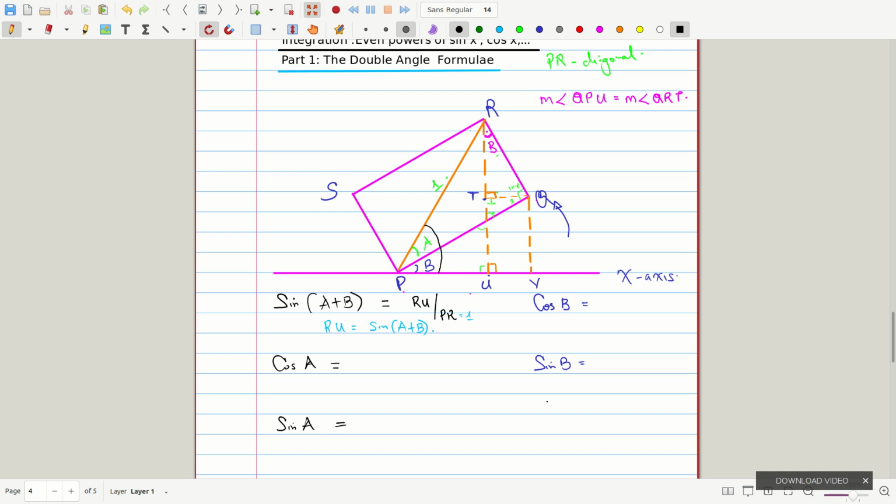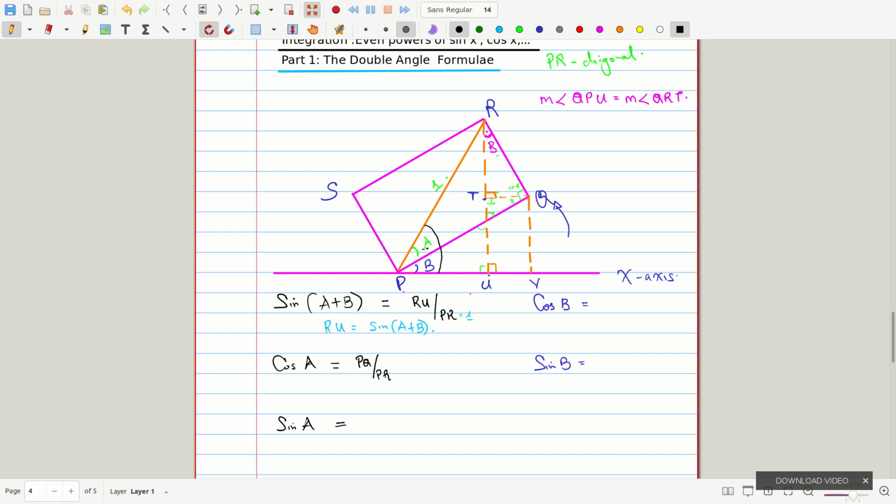Right, then we can also see that cos of A, the angle here, A, is going to be equal to the adjacent, which is PQ, divided by PR, the hypotenuse.